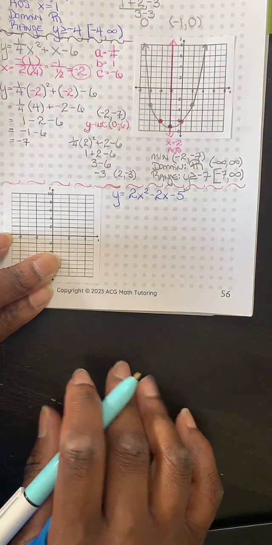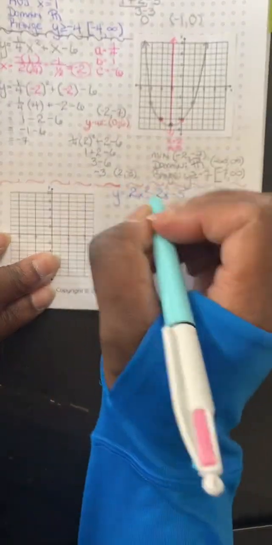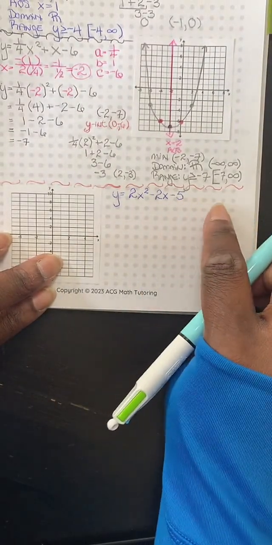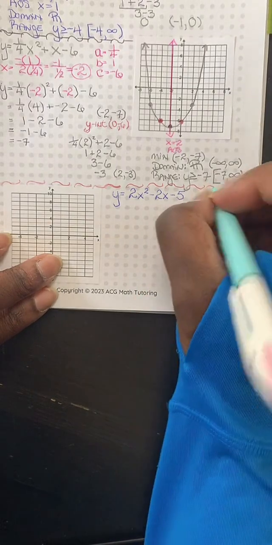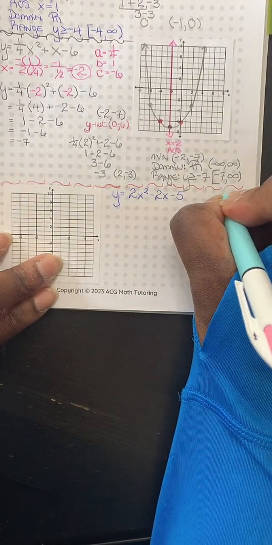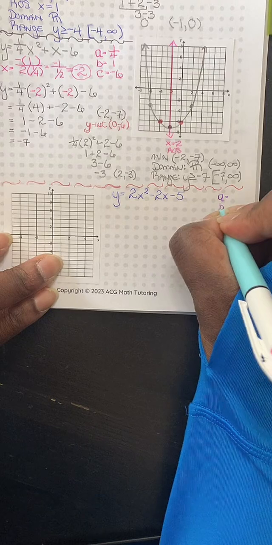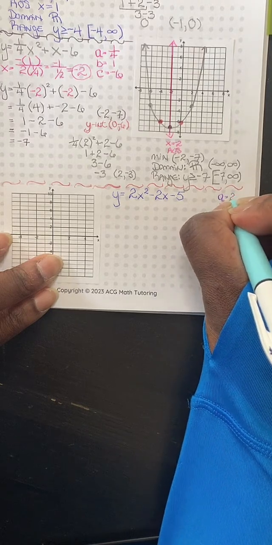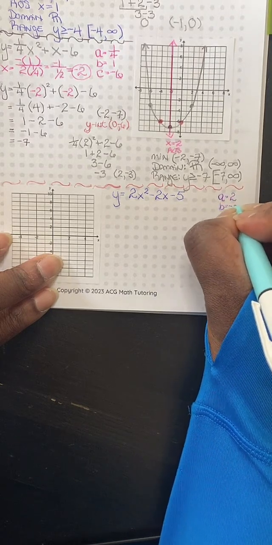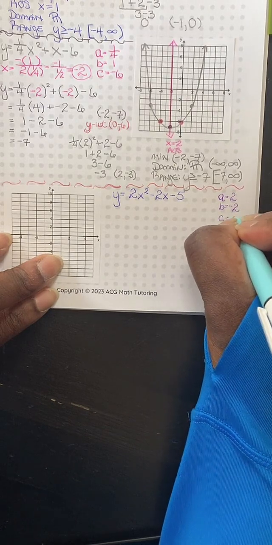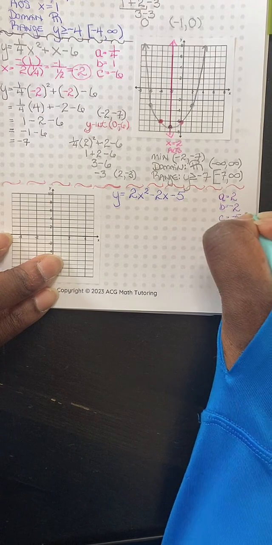All right. So yes, so Melissa's already on it. So first thing, we need to indicate what is my A, what is my B, what is my C. So your A is positive 2, your B is negative 2, and your C is negative 5.